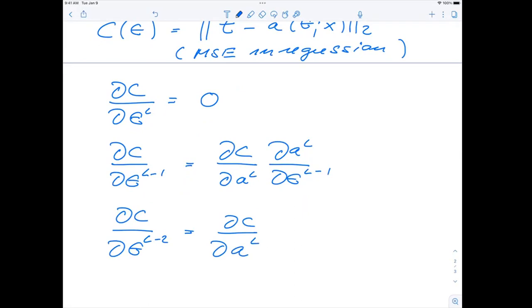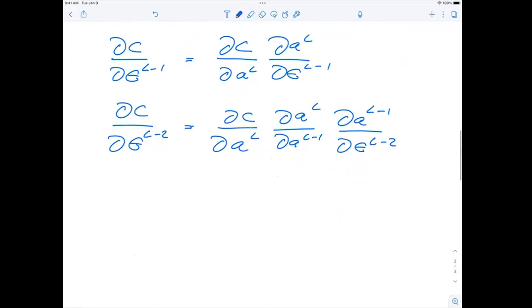So these were the basic equations which we started with last time. And this is now given by dA of L, dA of L minus 1. So just a repeated application of the chain rule. And then we end up with d theta of L minus 2. And we could continue like this.